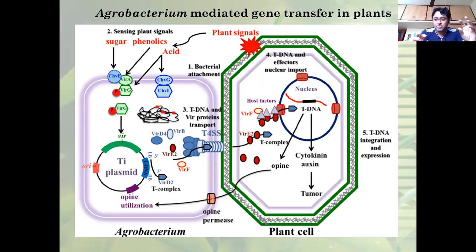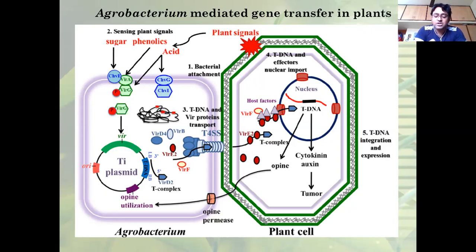Once VirG is phosphorylated, it induces the expression of other vir genes present in the Ti plasmid. Once these vir genes are sequentially expressed, one of the vir gene products is VirD, mainly VirD1 and VirD2. VirD1 possesses endonuclease activity.